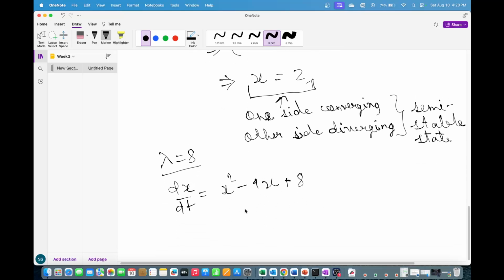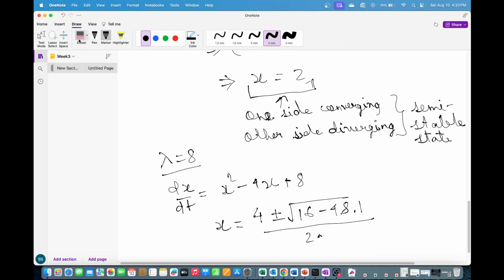Now if you try to factorize this equation, if you just use the quadratic formula, so x equals minus b, so this is 4, plus minus root over b square minus 4 a c, where this is c and this is a, by 2.